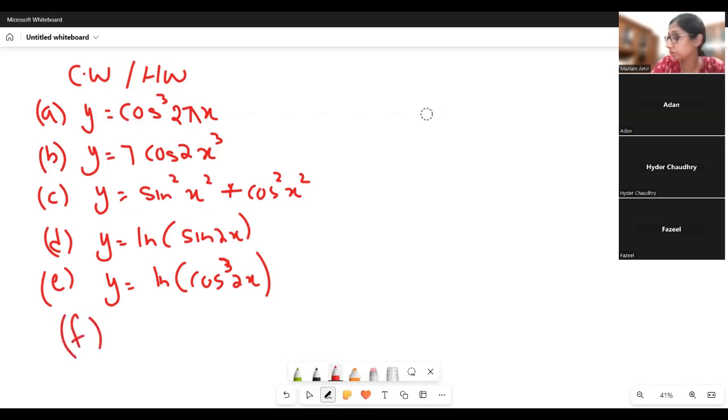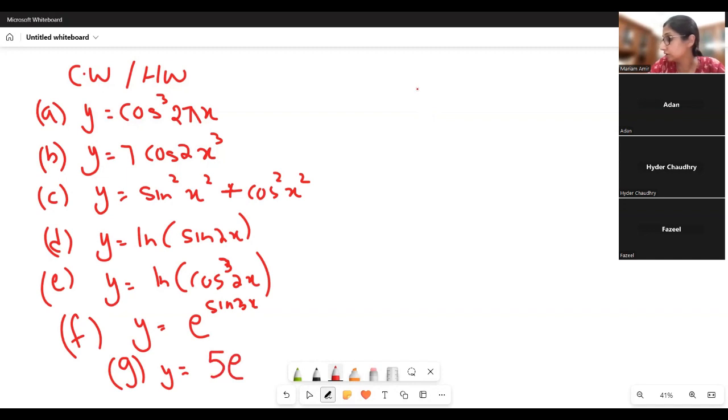F is y equals e to the sine 3x and G is y equals 5e to the sine square x.